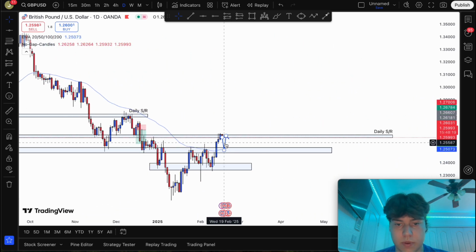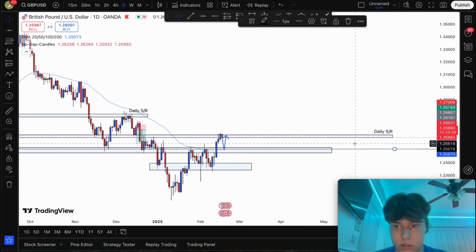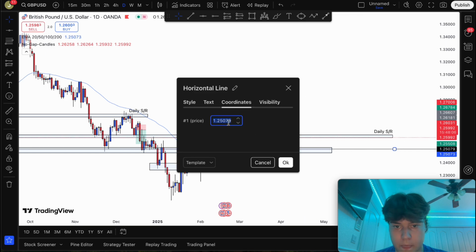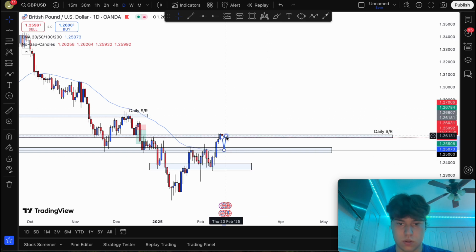So I will anticipate for price to come here, retest EMA, retest this beautiful area of interest, and we could also add on round psychological level 1.2500. Perfect. That's beautiful.